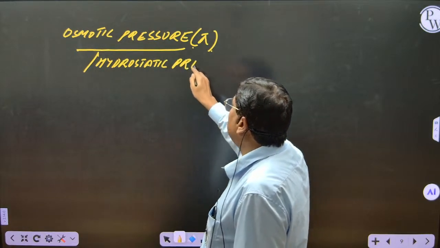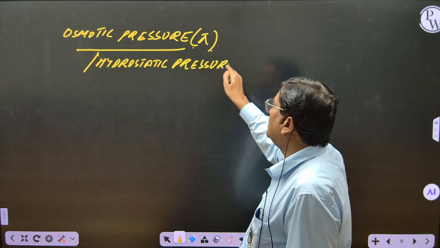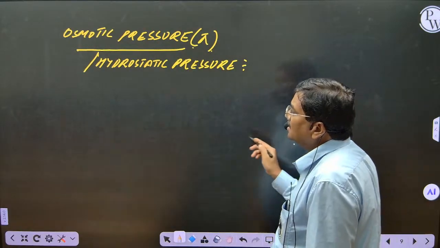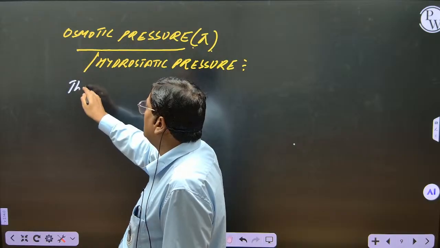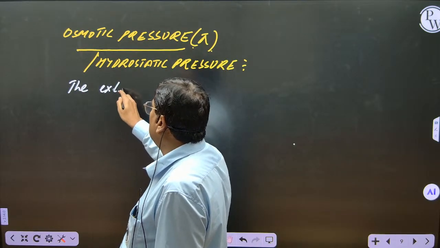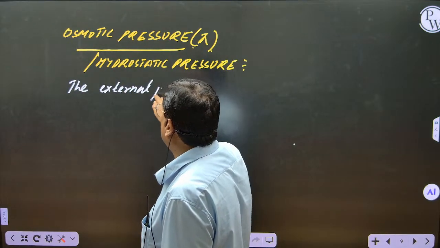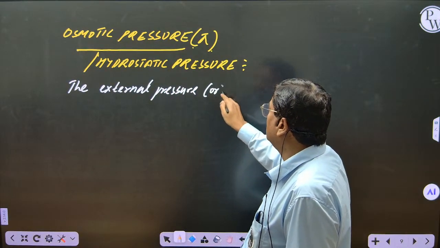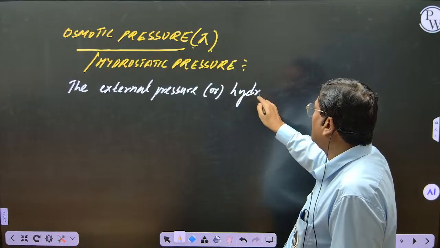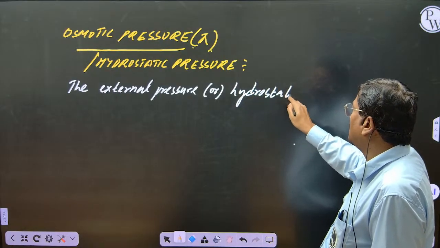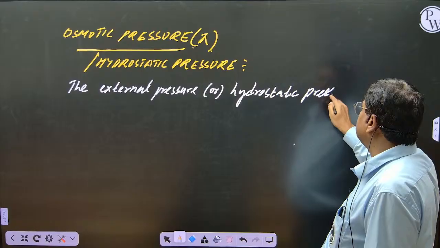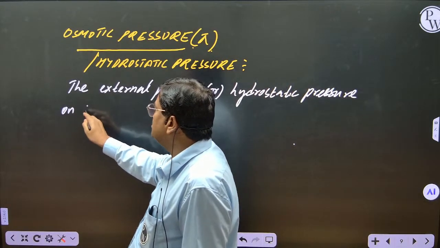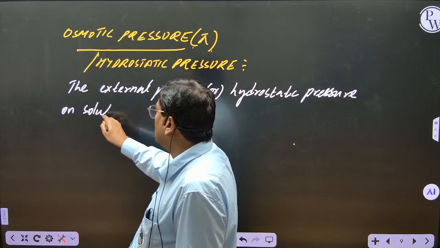Now the right definition of osmotic pressure: the pressure exerted by the solution, the external pressure or hydrostatic pressure, exerted on where, students? On the solution, no? On the solution to prevent what? Osmosis.